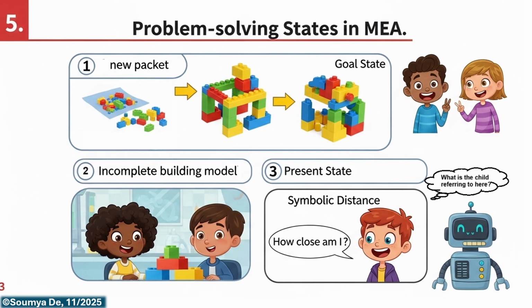Here's a colorful cartoon to help us see all those parts of MEA in action. You will notice the initial state, where the character begins, numbered 1. Then the goal state, where they want to reach, and the present state, what they are doing right now. And each action they take makes the distance smaller and smaller to the goal.